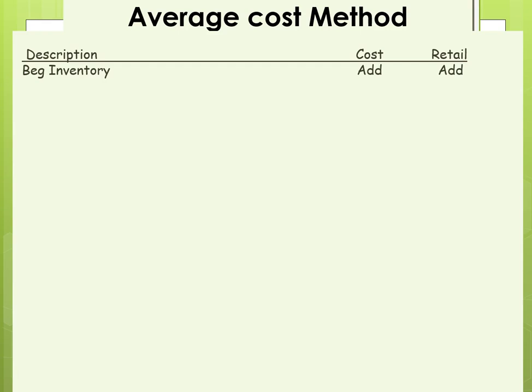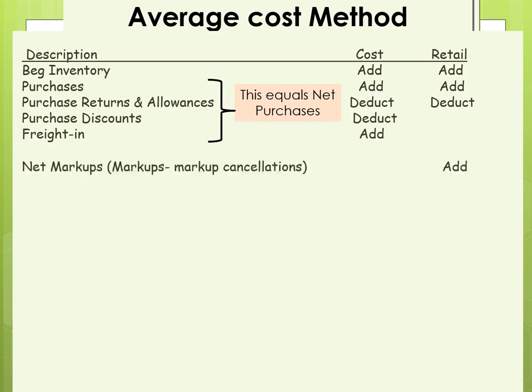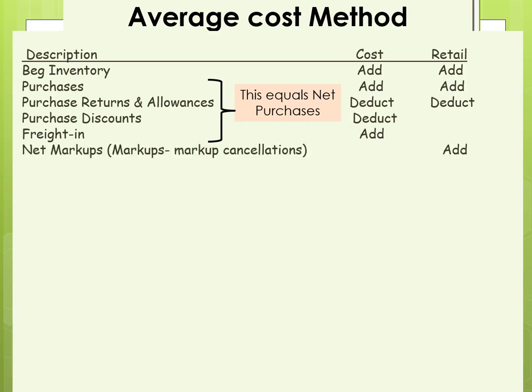We start with beginning inventory, and that's an add, then purchases, purchase returns and allowances, purchase discounts, and freight in. Again, that will be referred to in your problem as net purchases. Then we have net markups minus cancellations and markdowns.